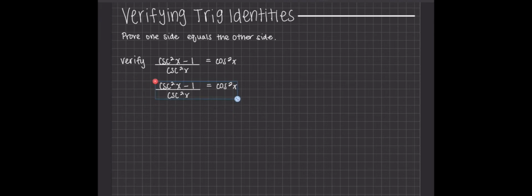As you practice more problems, it's going to be a lot easier for you to prove or verify your identities because you're going to have the trig identities memorized. Now, do you need to have the trig identities memorized? You pretty much do. We use these identities not just in Algebra 2, but in PreCalculus and Calculus.